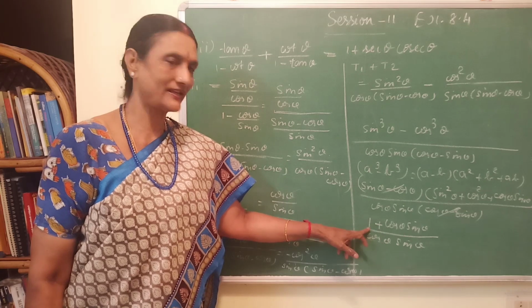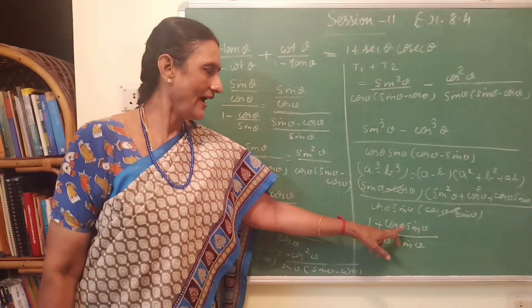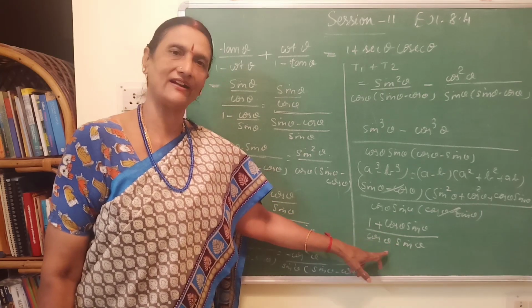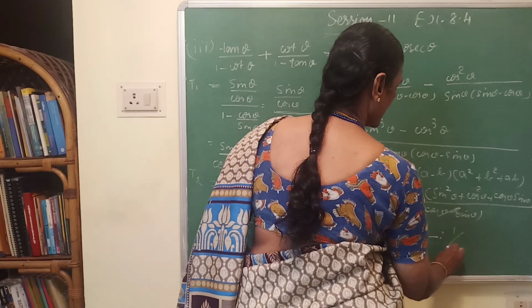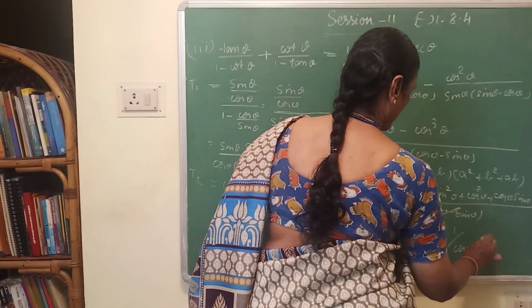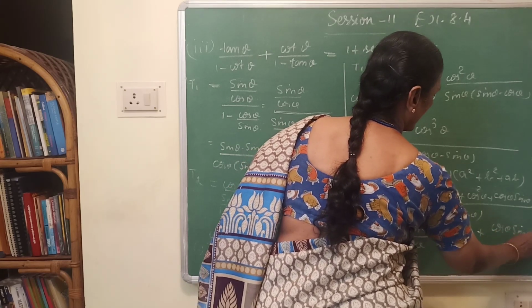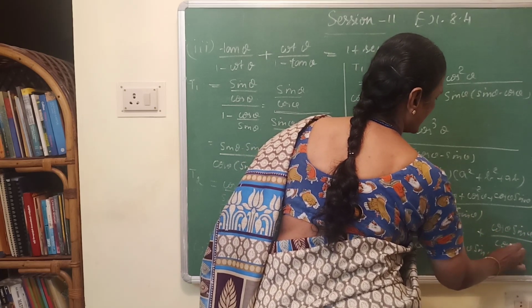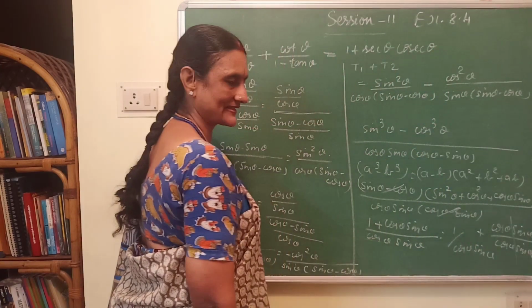Therefore, if I take it to the terms, 1 divided by cos theta sin theta and then cos theta sin theta divided by cos theta sin theta. So these two terms will get cancelled.